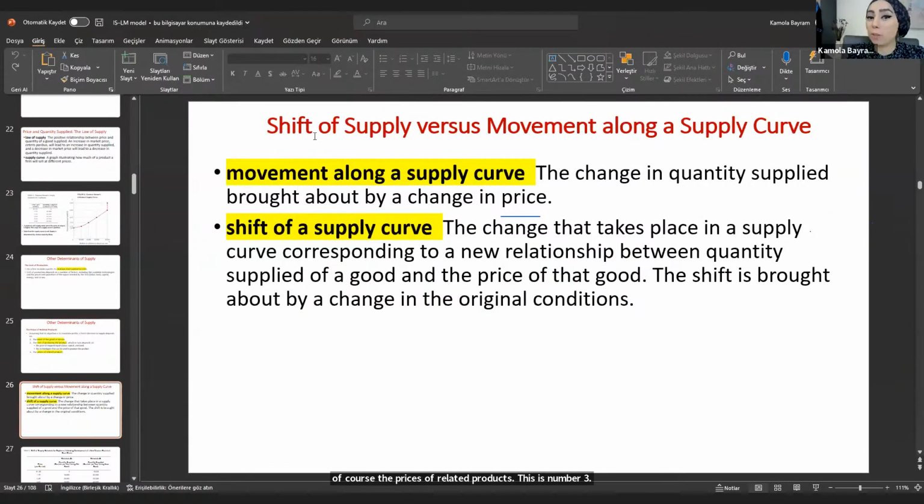So shift of supply versus movement along the supply. So same, shift of supply will be caused by other factors. Meanwhile, the movement along the supply curve will be just determined by the prices of the good you are producing. So movement along a supply curve, the change in quantity supplied brought about the change in price.